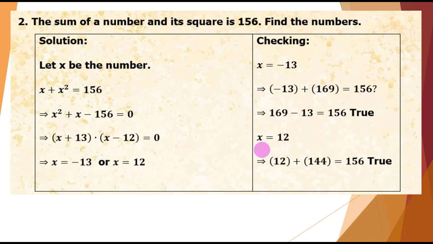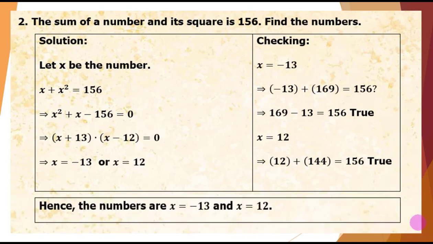What about if x is 12? Then 12 plus the square of 12, which is 144, is 156. It's a true statement. Hence, the numbers are x equals negative 13 and x equals 12. So there are two solutions for the values of x.